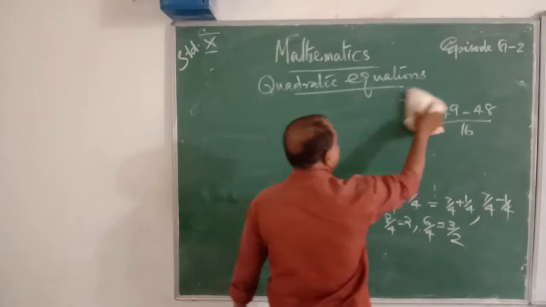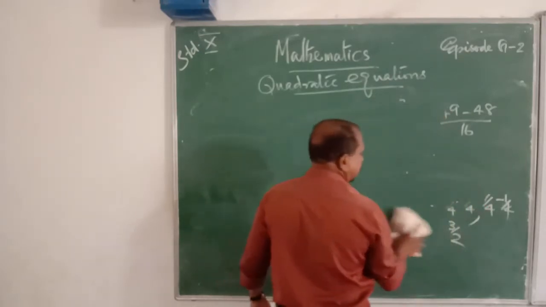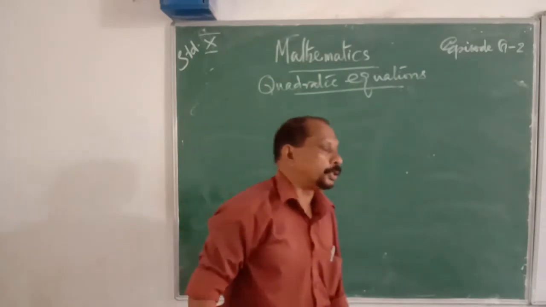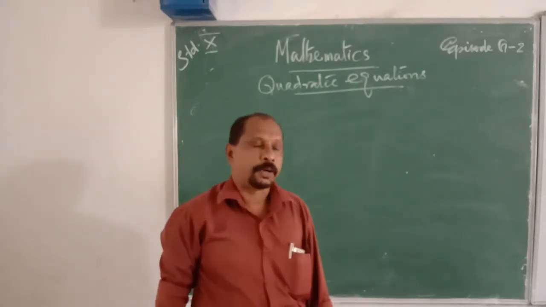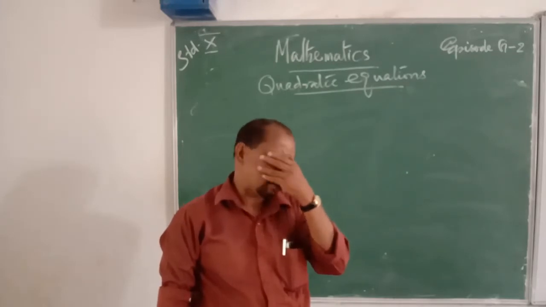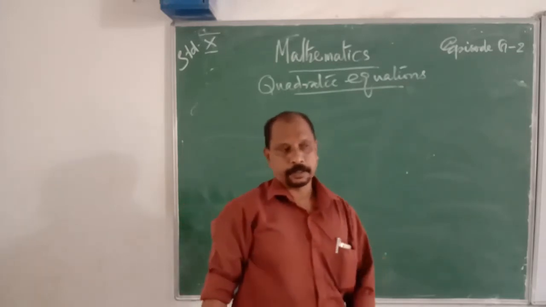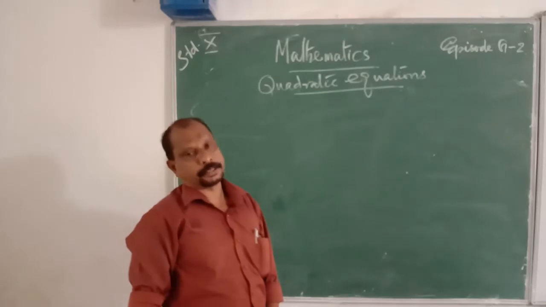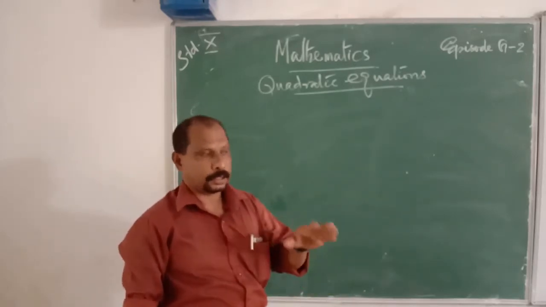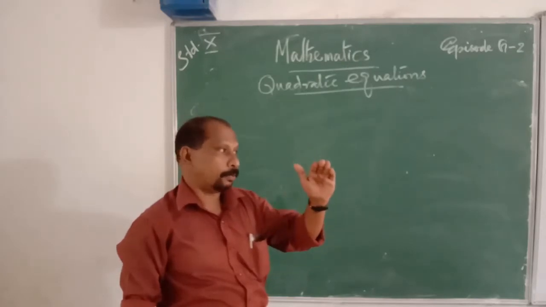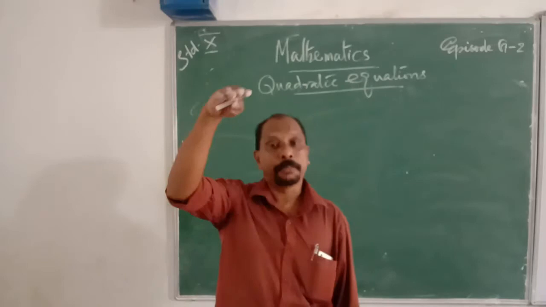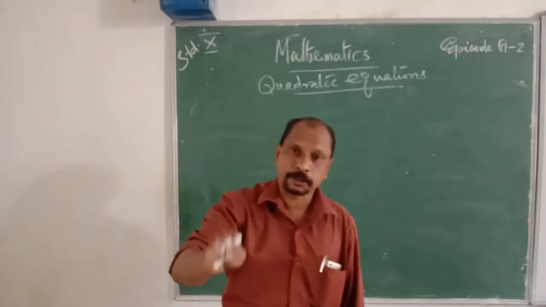Then the next method is finding the roots of a quadratic equation by the quadratic formula. The first method, factorization method. Second, by completing the square. Third, this quadratic formula is also obtained by the process of completing the square.